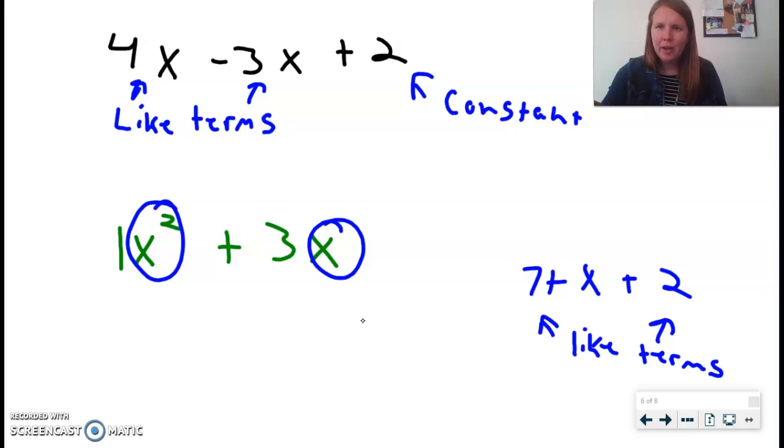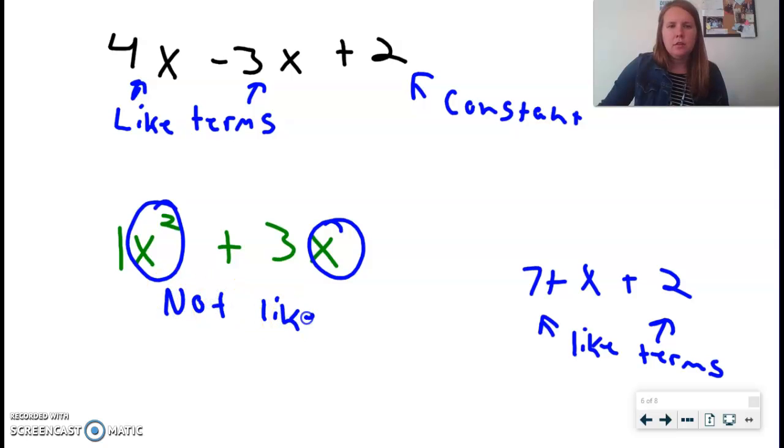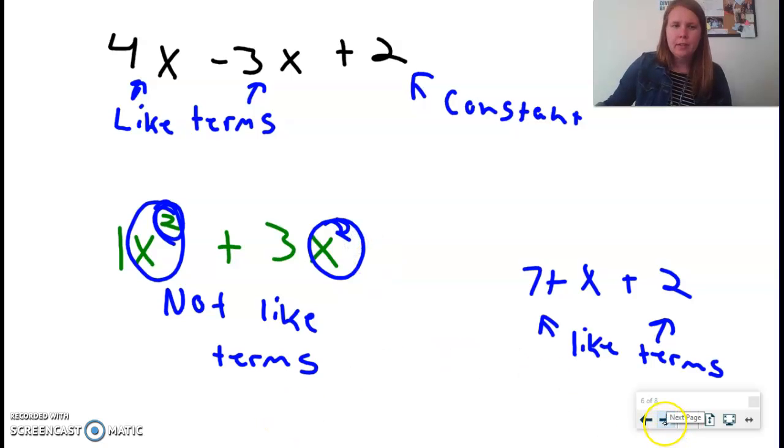They both have x, right? They both have a variable of x, but these are not like terms. I cannot combine them because of this little exponent. This one would also have to be raised to a power of 2 for it to be a like term. So let's continue on and look at some combining of your like terms.